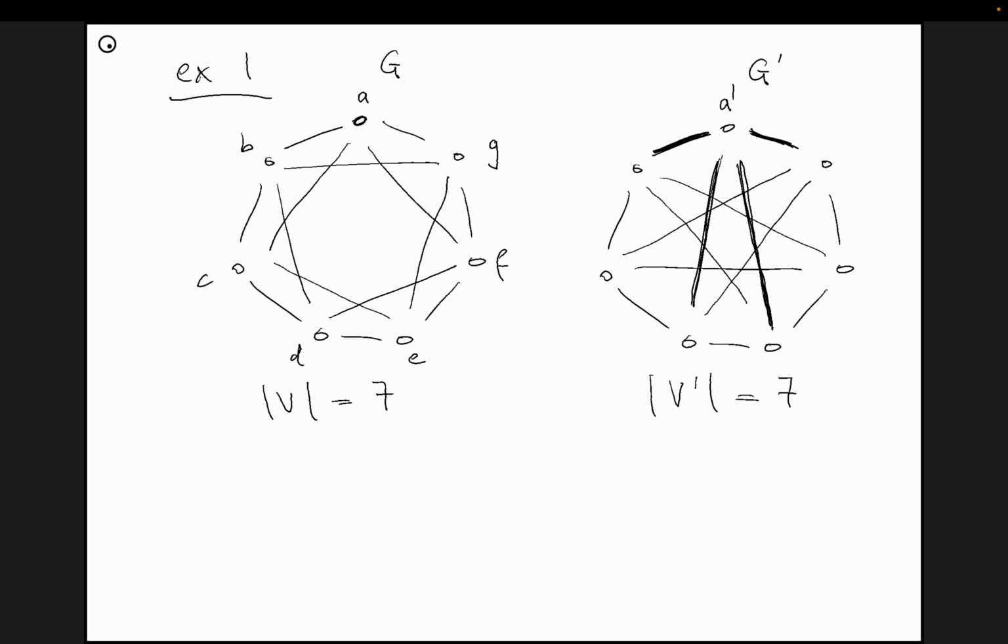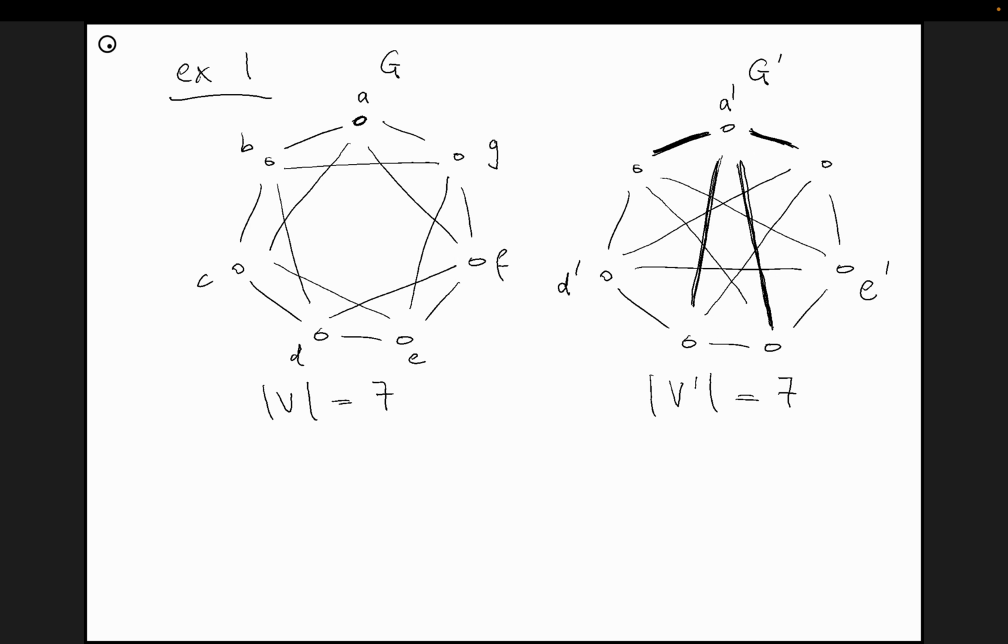So we know, since in G A is not connected to D and E, that this vertex here, this is not a connection, so I'm gonna take it away again, but this right here has to be D prime, or maybe E prime. And this right here is no connection here, so this has to be D prime or E prime. I'm gonna take a guess and put D and E prime like so.